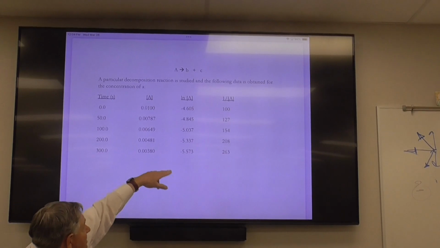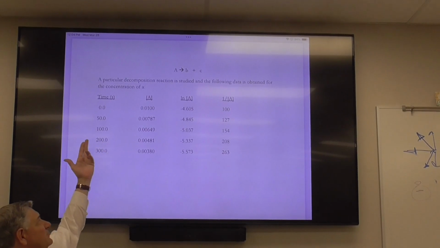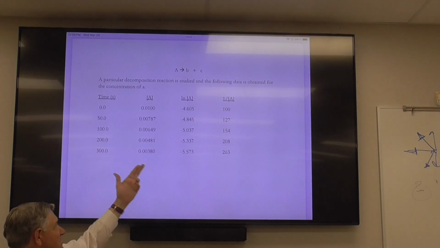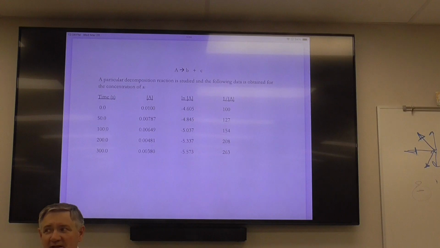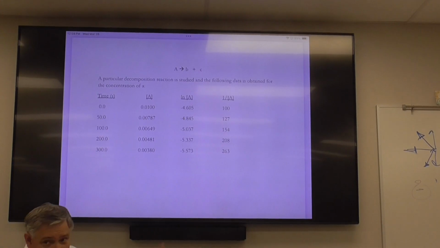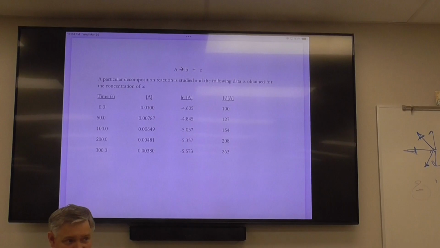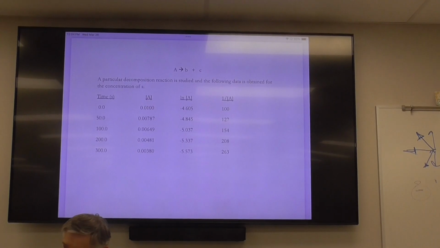Don't look at that first one and go, oh, I'll just call that negative 0.5. Keep lots of digits when you're getting those. Then you're going to take the inverse of those. Got that? Cool. So that's the first step, is that you have to generate the data columns.